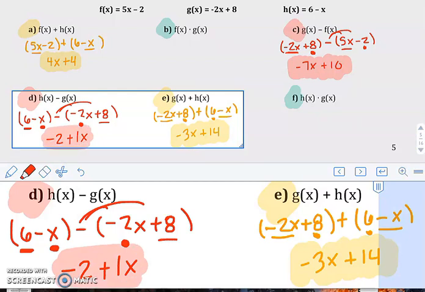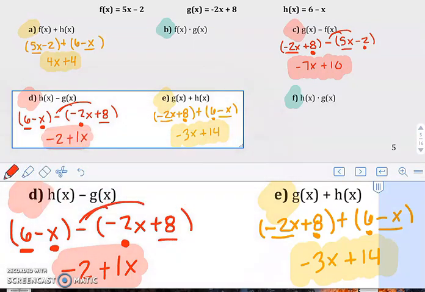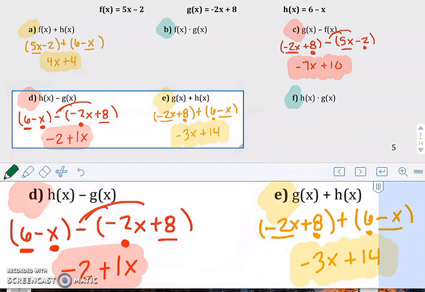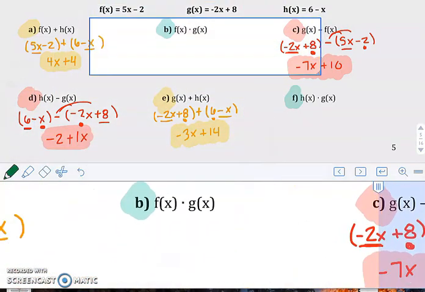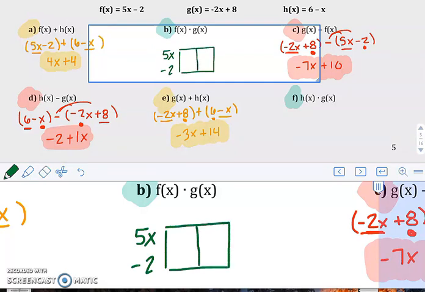All right, let's look at the multiplying. So if we go up and look at letter B, it says f times g. So f is 5x minus 2. And I'm just going to go right to the generic rectangle. And g is negative 2x plus 8.